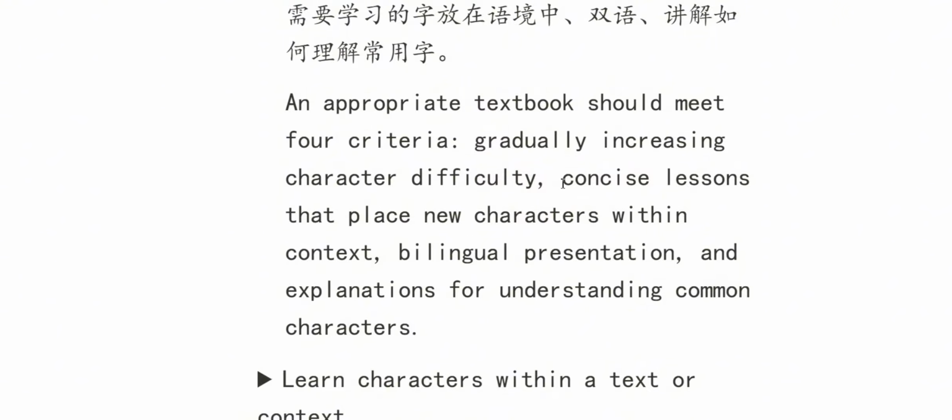And then concise lessons that place new characters within context. This is the second criterion. The third one, bilingual presentation. And the fourth one, explanations for understanding common characters.